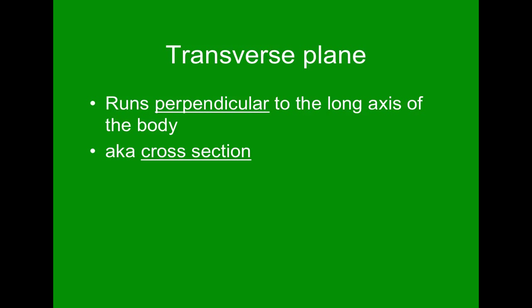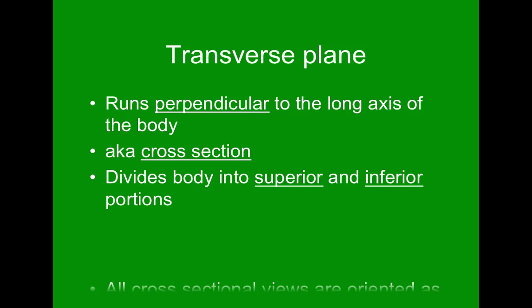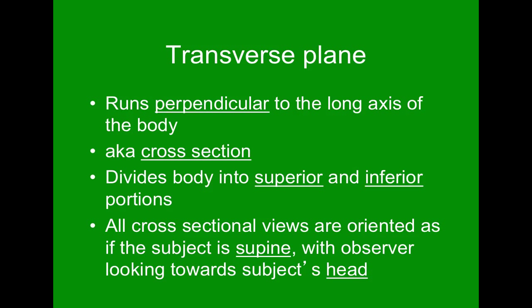We have to take it out, and then we have to orient it so that the subject is supine, laying with their face up, with the observers looking towards the subject's head. That is very important, because you have to orient it correctly in order to read what's going on correctly. So let me do a quick demonstration here, if I can get this to work.